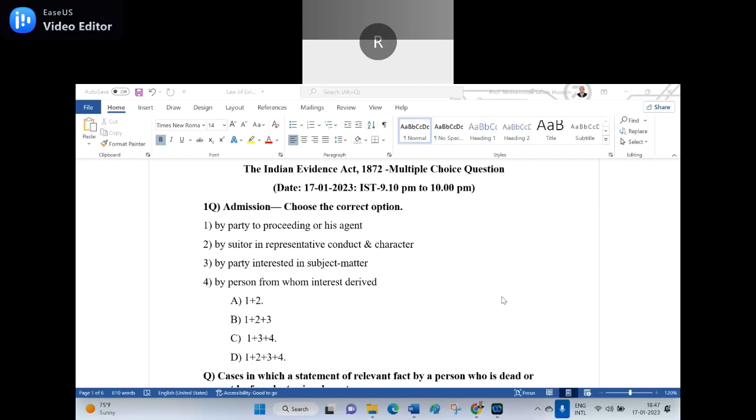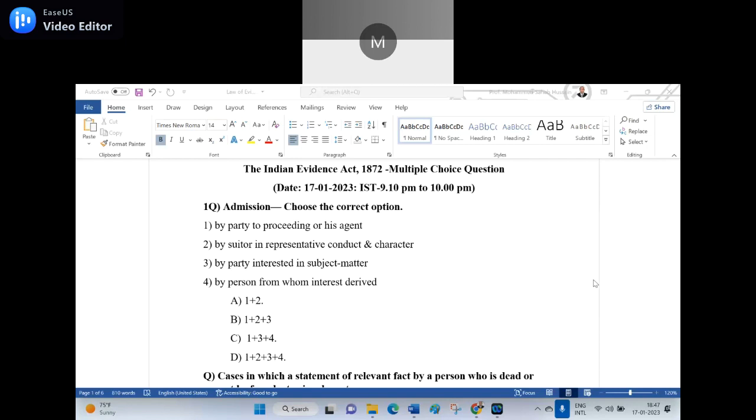C is the right answer, sir. Why? 1 plus 3 plus 4. Why is C the right answer? You have to show the reason. See, A, by party to the proceeding or his agent, is very much right.